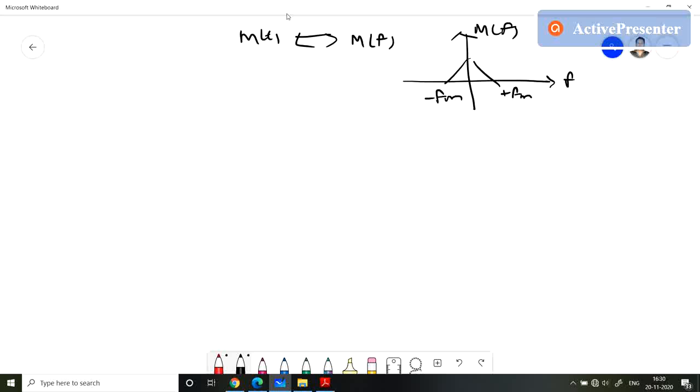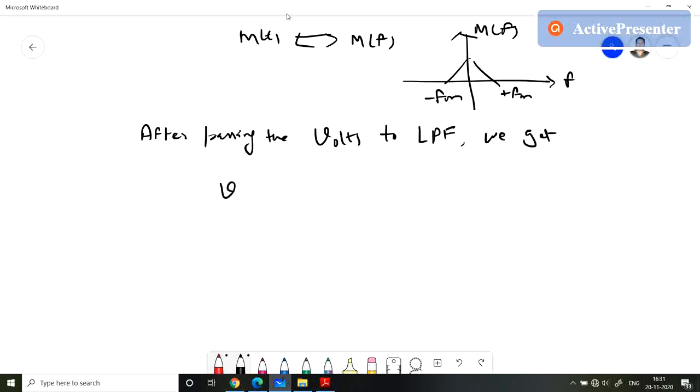So after passing V0(t) through the low pass filter, because we have to ultimately extract that m(t), we get that output, let it be V01(t), that is the output of the low pass filter.